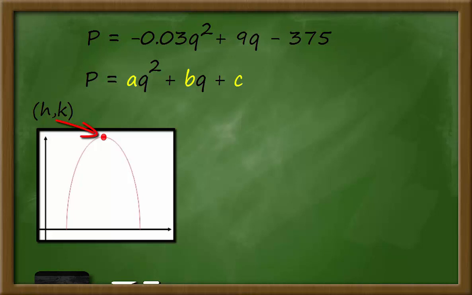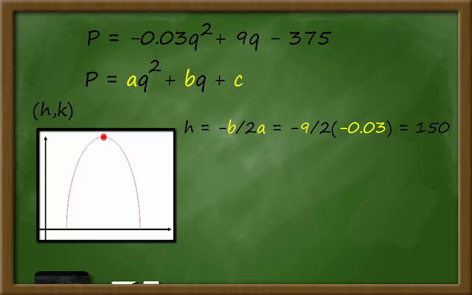The vertex is exactly the point that tells us the quantity at which the profit is at a maximum. The vertex is given by the ordered pair h, k, where h equals negative b over 2a. So in our case, we get negative 9 divided by 2 times negative 0.03, which equals 150.